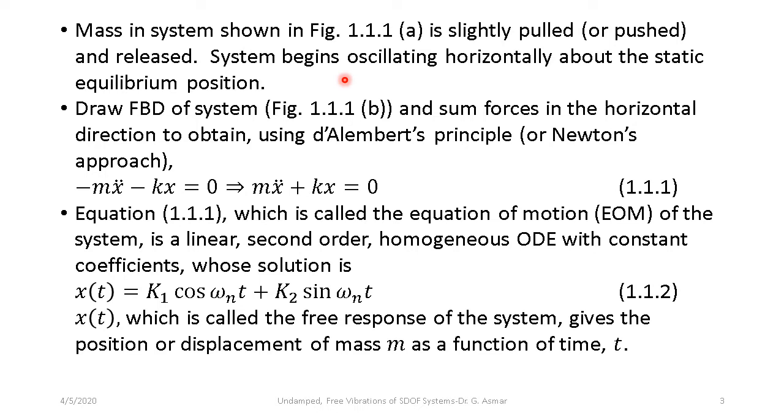When we disturb the equilibrium of the system and the mass is oscillating about the equilibrium position, we freeze the mass at some time t, and let's say at the time I froze the mass it was at the right of the equilibrium position, at the right of the origin.